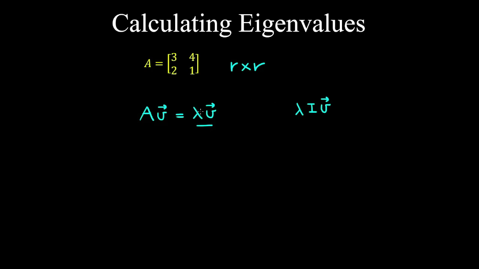And then if we subtract lambda I from both sides, we get A minus lambda I multiplied by the vector V is equal to the zero vector.